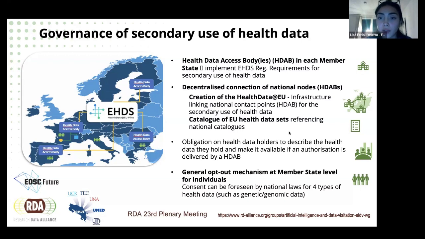With regard to the autonomy of individuals concerned by the reuse of health data, member states will introduce an opt-out mechanism, and consent may be required under national law for four types of health data, including genetic and genomic data. Next slide, please.